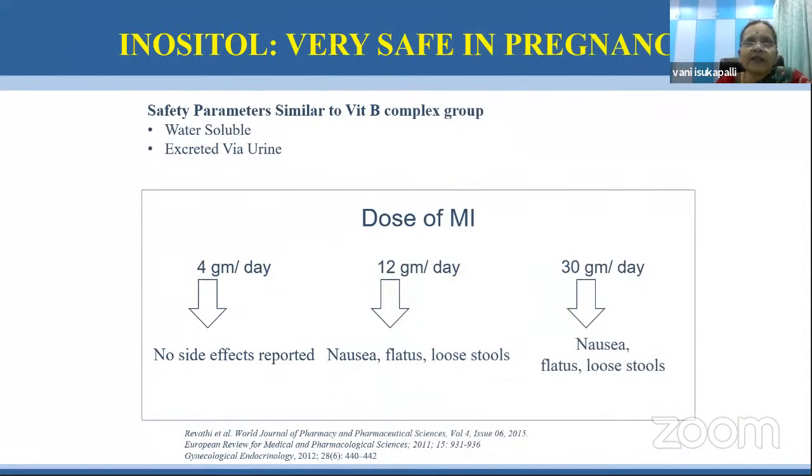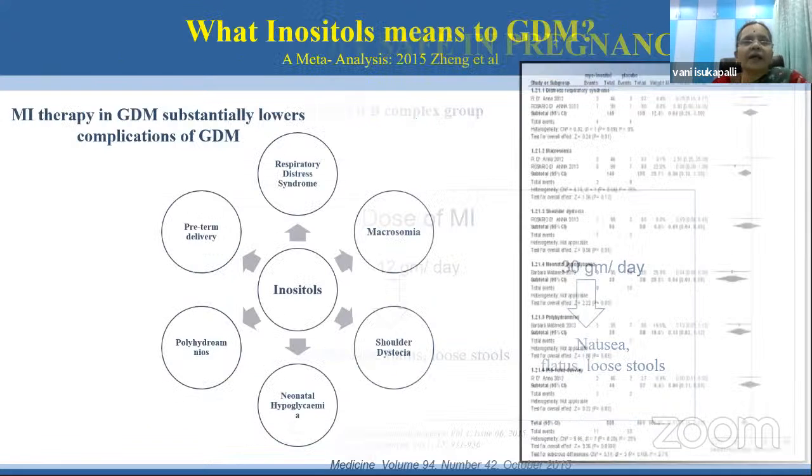Regarding the safety profile, there are so many studies saying that inositol is quite safe during pregnancy, even with 4 grams per day, which the majority of the studies are using. No side effects have been reported in various studies, including Indian studies as well.